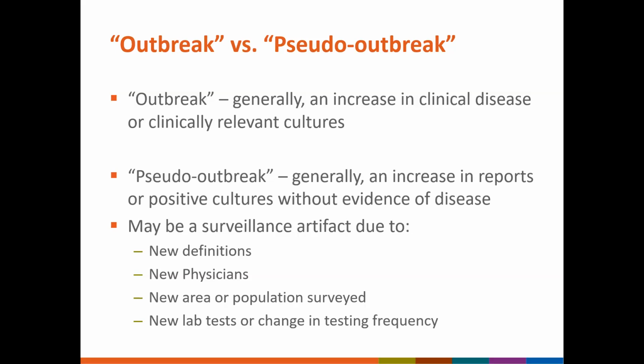So the introduction of any new definitions or surveillance system into your routine work might trigger your sense that it might be an outbreak. But if you think logically, you will understand this is due to the introduction of the surveillance system or a new definition in your routine clinical care and not actually an outbreak. This is what we call a pseudo outbreak.